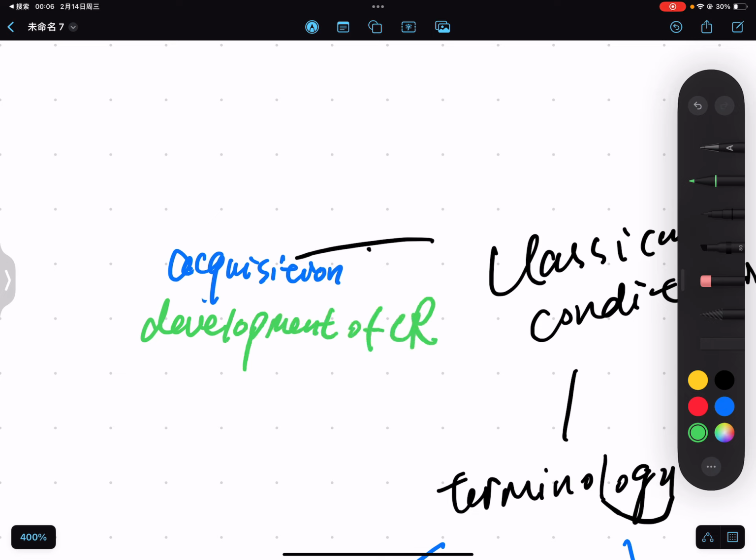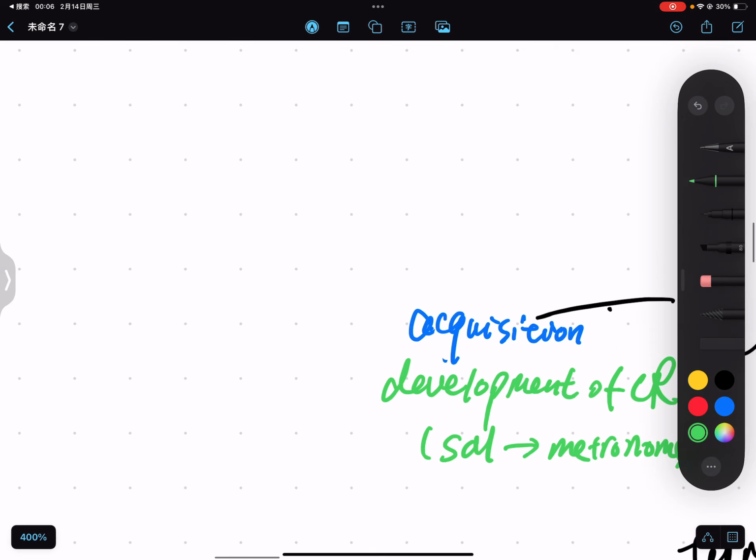Development of the CR is like development of the dog's salivation to the metronome. So when UCS and CS are together, it will produce the CR, right?